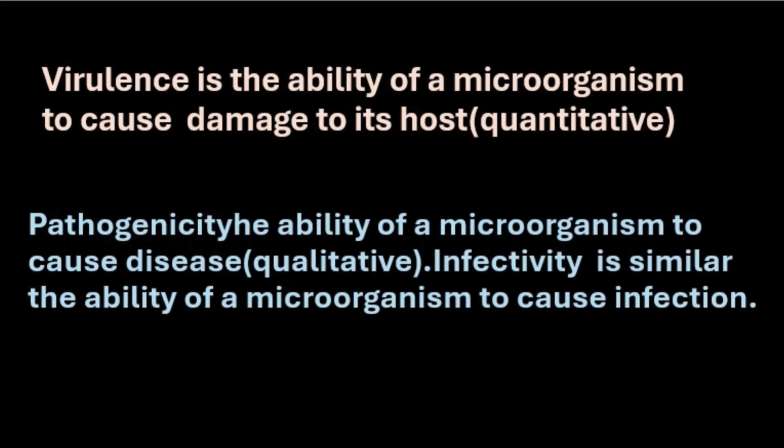Virulence is the ability of a microorganism to cause damage to its host. So it is related to the extent of damage, quantitative. But pathogenicity and infectivity are qualitative: pathogenicity is the ability of a microorganism to cause disease. Infectivity is a similar term, the ability of a microorganism to cause infection. But virulence is the ability to cause damage.